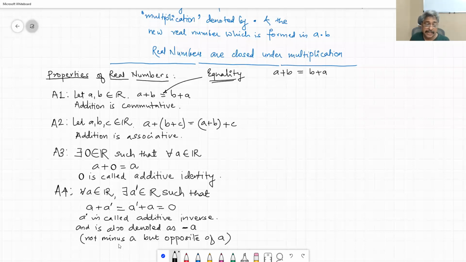Okay, because minus is the operation subtraction which we have not defined yet, which we will define eventually. But therefore, you might have observed that every time I write minus 5, I call this as opposite of 5. So technically, more correct is opposite of 5.